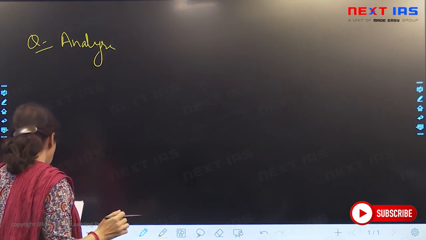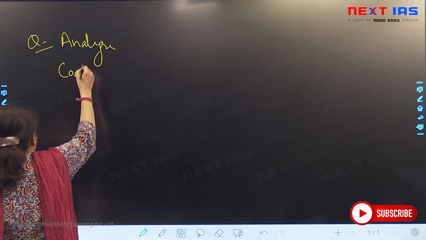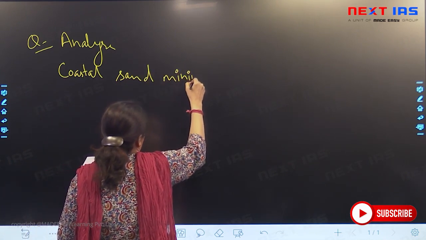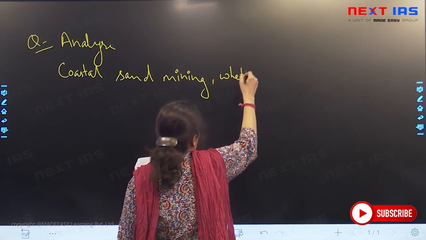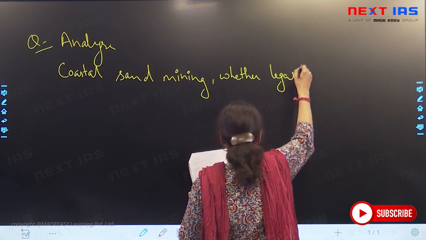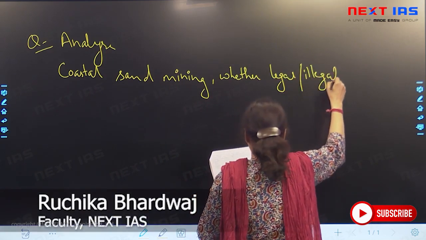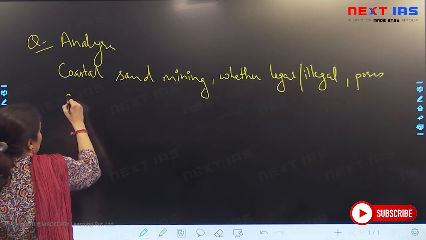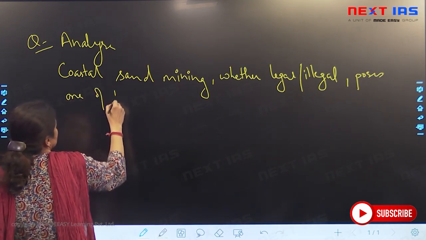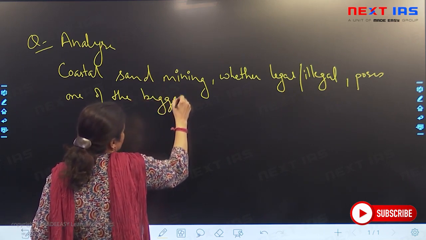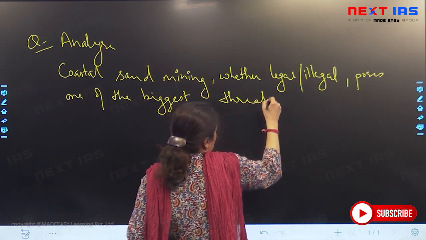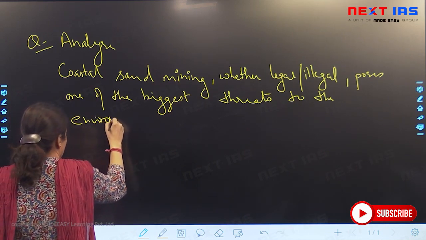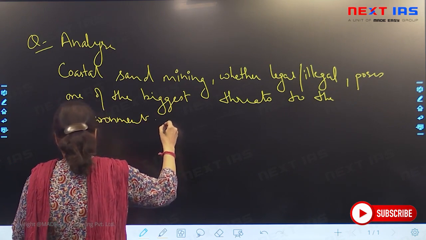The question is: coastal sand mining, whether legal or illegal, poses one of the biggest threats to the environment. Analyze.